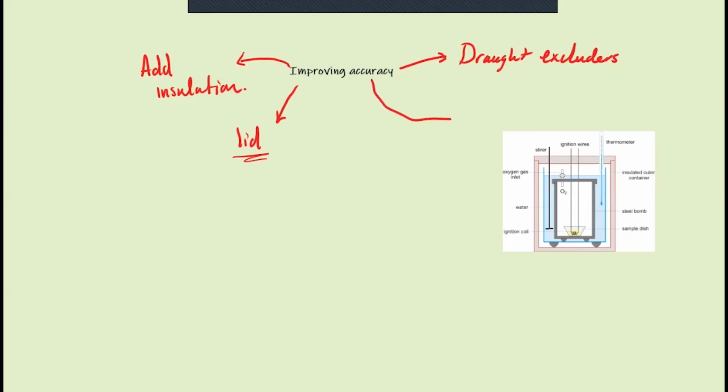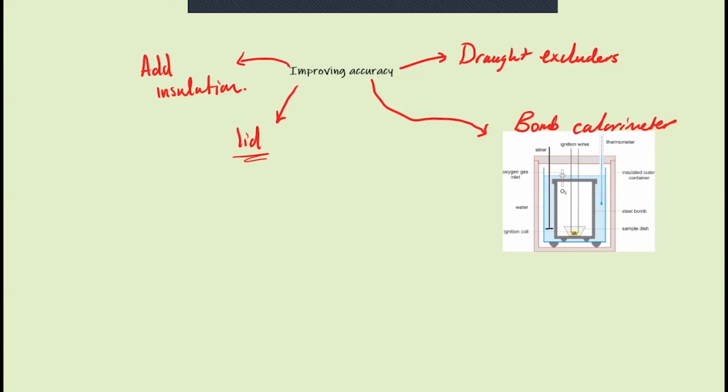The next one to look at, finally, is a bomb calorimeter, which we briefly showed at the start of this video. A bomb calorimeter is a special device which reduces heat loss significantly. First of all, we can see this diagram here. We have a double layer insulated container. Within that, we have a vessel with water. Within that, we have another container where the reaction is actually taking place.